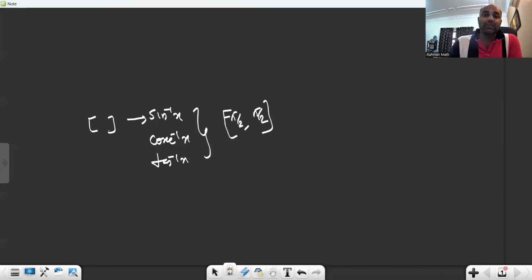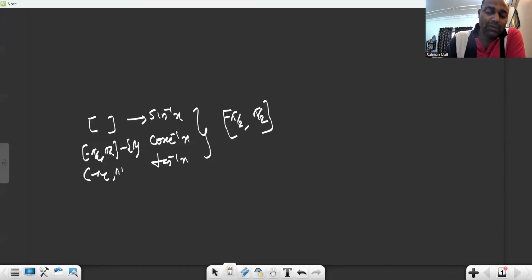And the cosec inverse x principal value lies between minus pi by 2 to pi by 2, but except 0, and this is an open bracket. So in general, the sine inverse x, cosec inverse x, tan inverse x principal values always lie between minus pi by 2 to pi by 2. Don't forget about that.